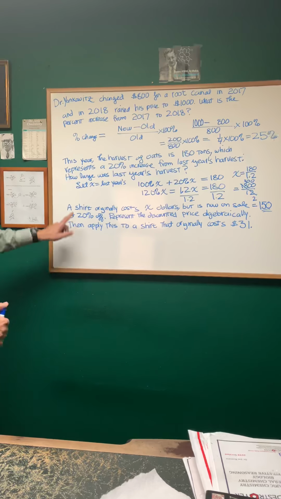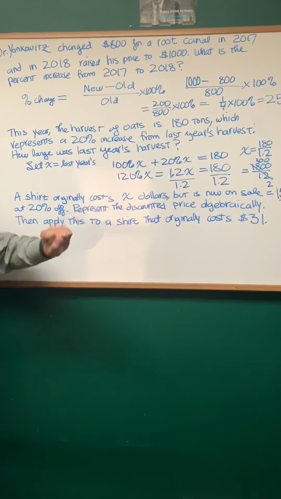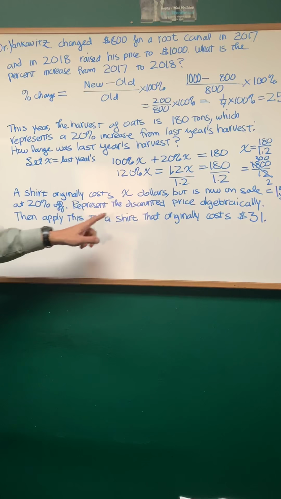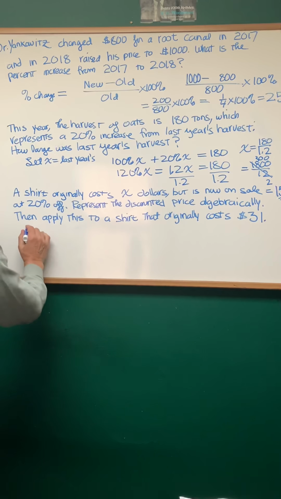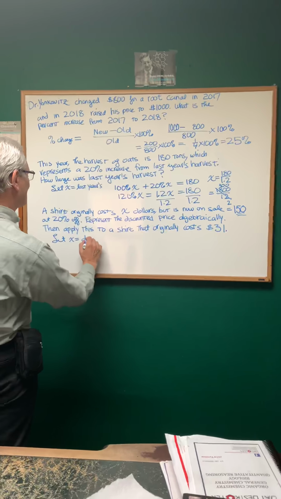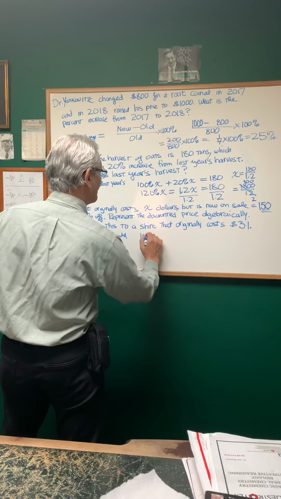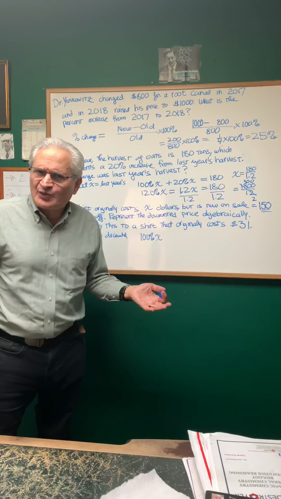All right, so now we have the third problem. A shirt originally costs X dollars, but is now on sale at 20% off. Represent the discounted price algebraically. All right, well, we have 100% of X. And what does it mean to have a 20% discount?